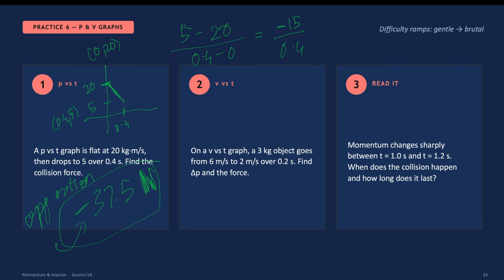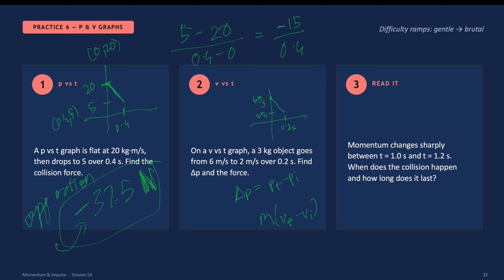On a V versus T graph, a 3 kg object goes from 6 meters per second to 2 meters per second over 0.2 seconds. Find delta P and the force. Delta P here is just going to be a change in P, right? So what's that going to be here? P final minus P initial. And we know that to be m times v final minus v initial, right?